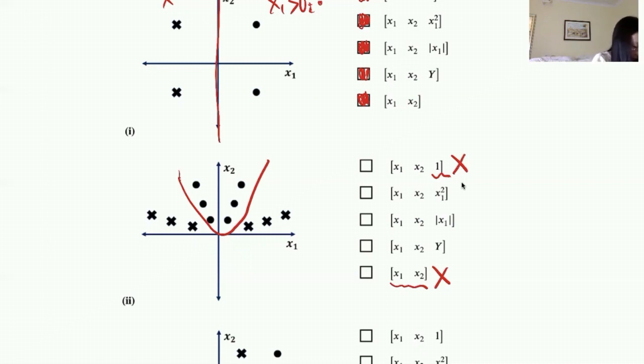Specifically, why do we need this? Because for these two sets of points, they have these properties.